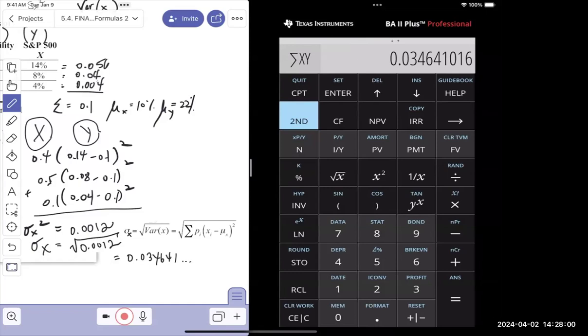So about 3.4%. Remember, we do not put a unit on the variance. Good.